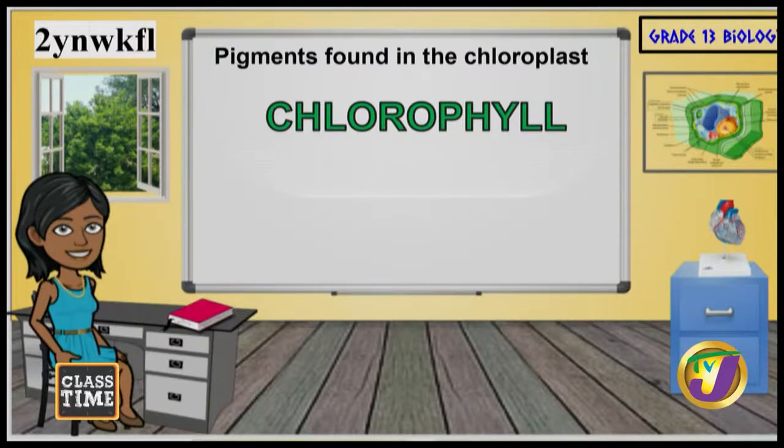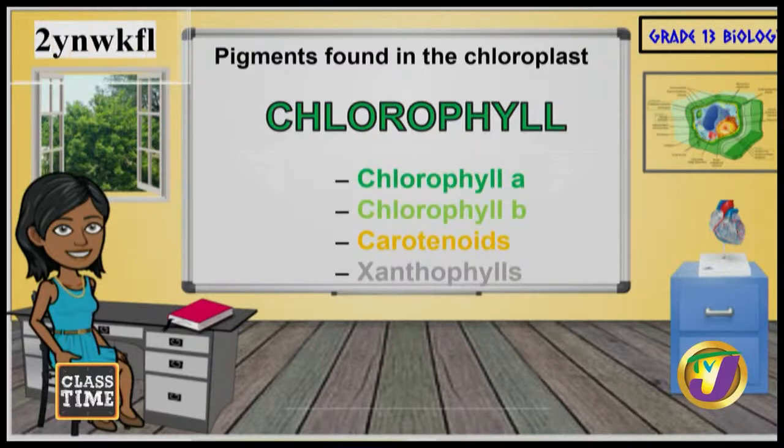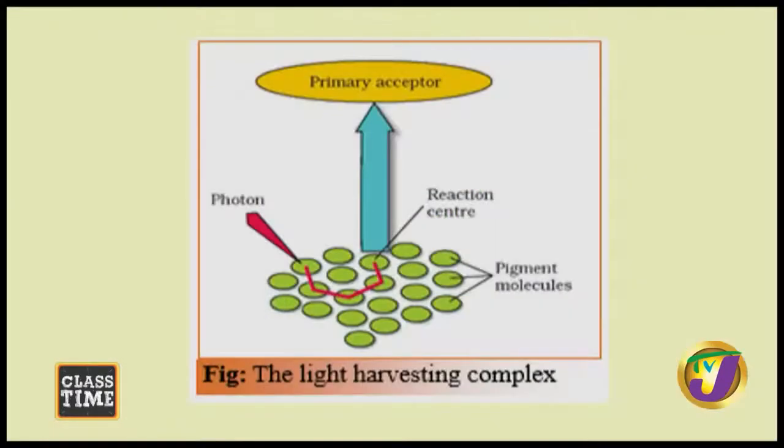Actually, in the chloroplast, you have several other pigments available. You have xanthophylls, you have carotenoids, and even so, you have more than one type of chlorophyll. You have chlorophyll A and you have chlorophyll B. And chlorophyll A, actually, there are different types of chlorophyll A, which we are going to be getting up close and personal with today. Okay, and this is very important.